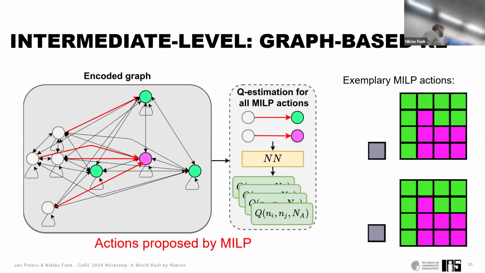And now, importantly, for this Q-learning framework, we do not evaluate the quality of all of the available actions, but we only look at the actions that are actually proposed by the mixed integer optimization. Therefore, this mixed integer optimization effectively helps to guide the exploration of the reinforcement learning agent, and the reinforcement learning agent benefits the higher level because it takes away some complexity from the mixed integer optimization.